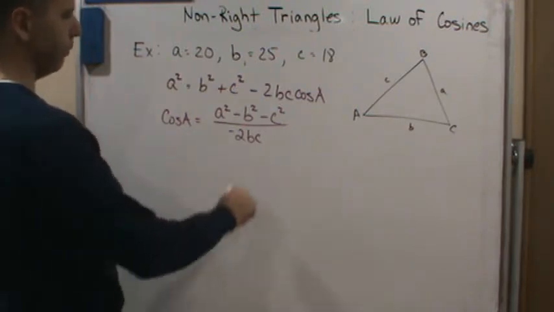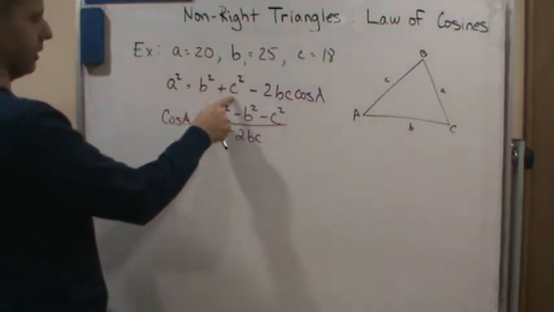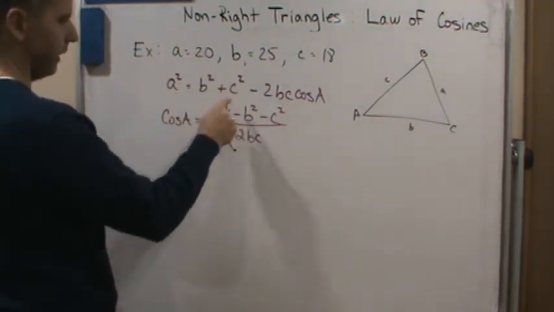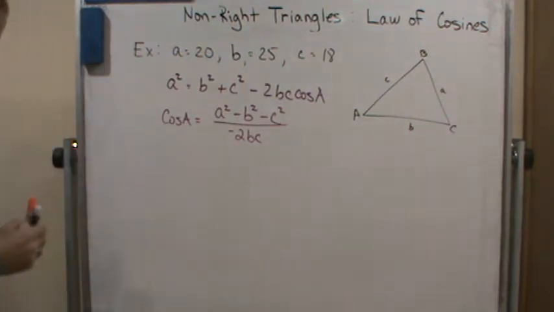So all I did was solve for cosine A. I just subtracted B squared and C squared, and then I divided by negative 2BC. Now at this point we're just going to plug in our values.